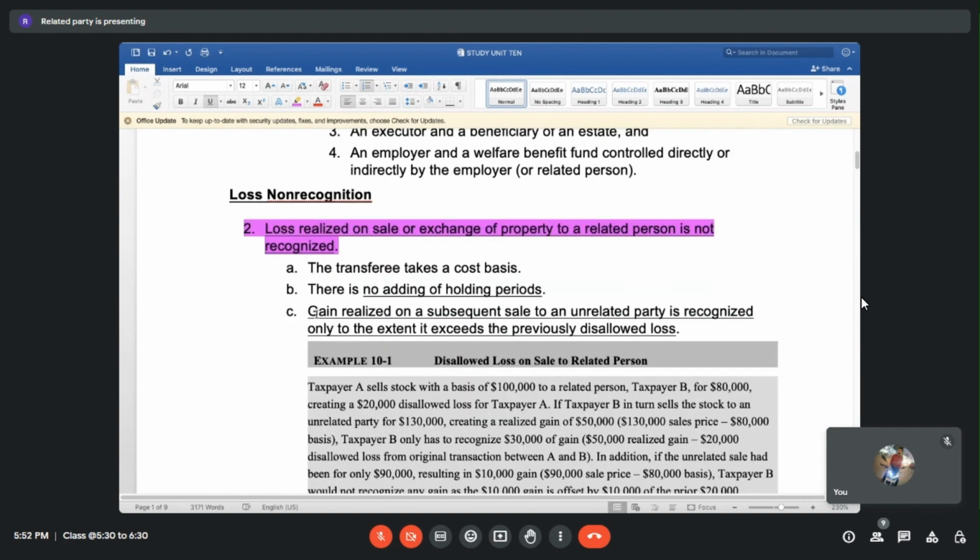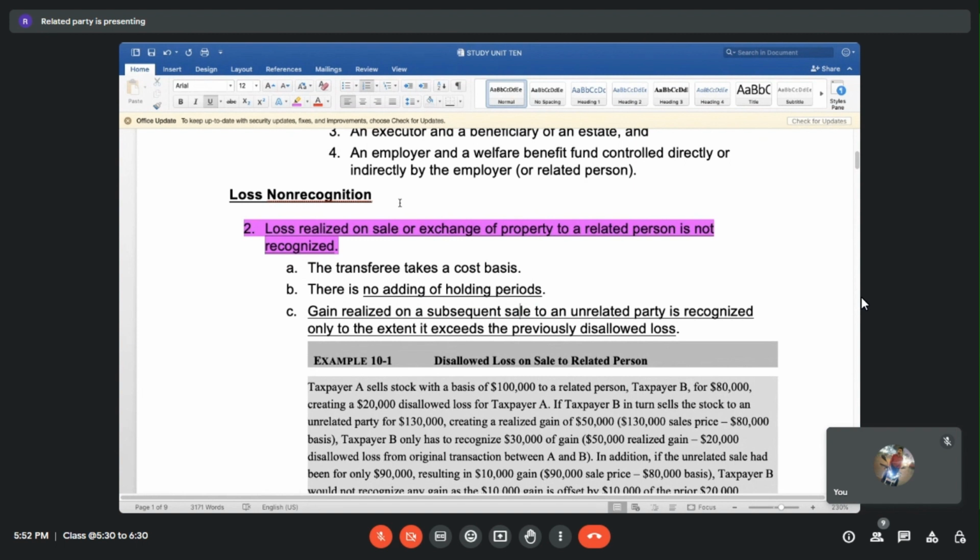Gain, this is an important point, gain realized on a subsequent sale. So what happens if a property is, let's say there's one person A, there's another person B. Both of them are related parties. A sells something to B at a loss, but the loss is not allowed for A to claim. Fine.